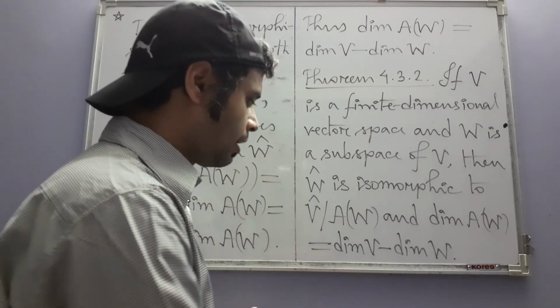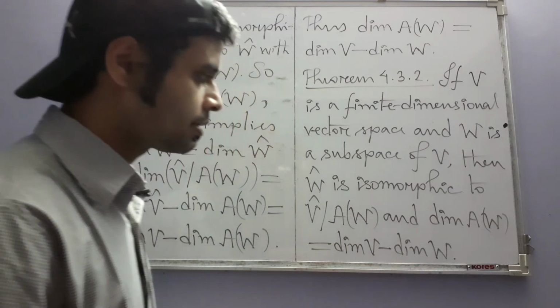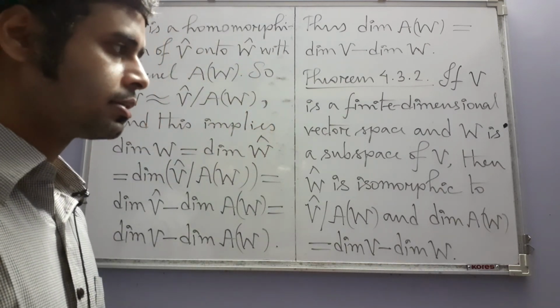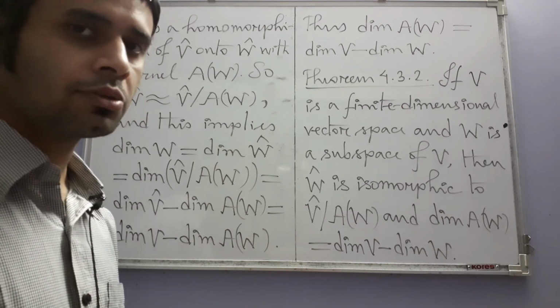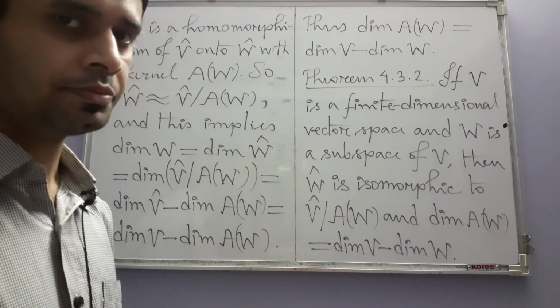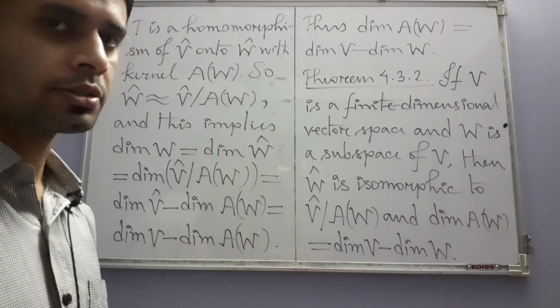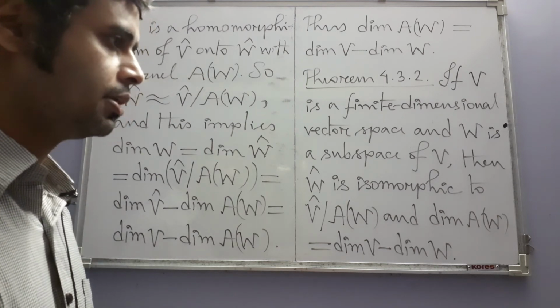This result allows us to say something about how large the solution space of such a system should be. Okay, so we will see those things in the next vector space update.